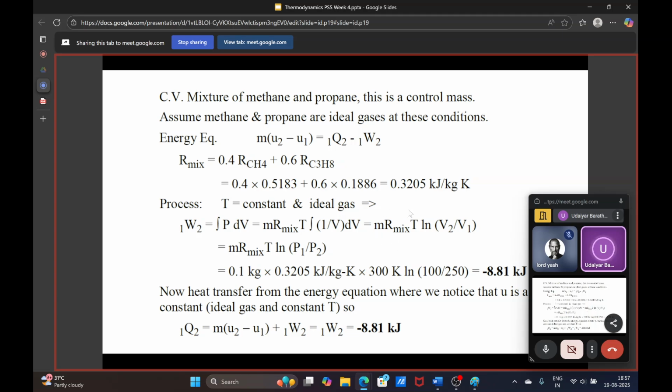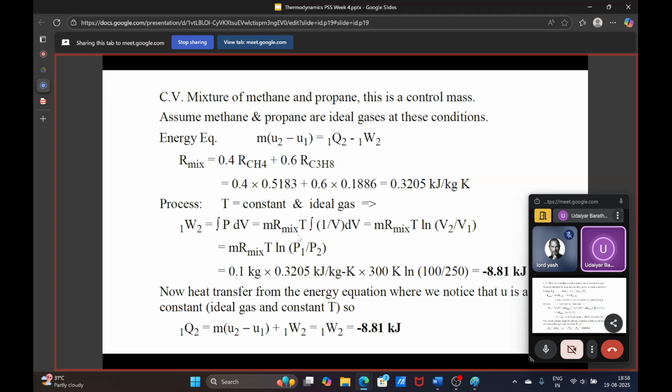So you need to find the gas constant of the mixture. Again, going back, it is mass fraction times gas constant of the individual components. So the gas mixture gas constant is 0.4 times the methane gas constant plus 0.6 times the propane. That comes out to be 0.3205 kilojoule per kg Kelvin.